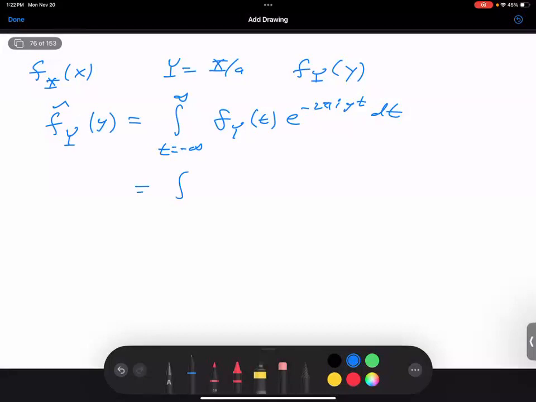Now, this is the same as the integral from minus infinity to infinity, where my density y is just x over a. So I've got to figure out how to go from one to the other.